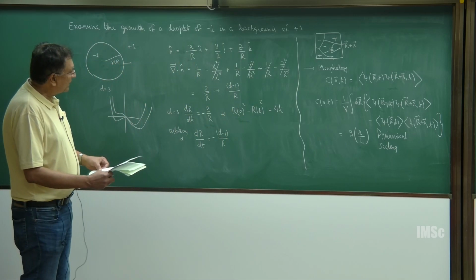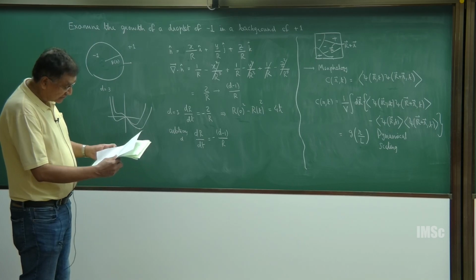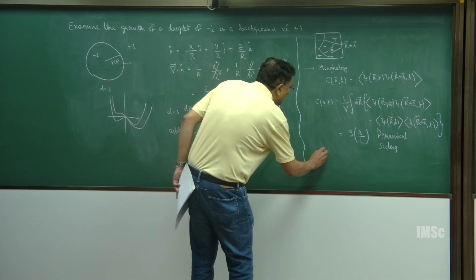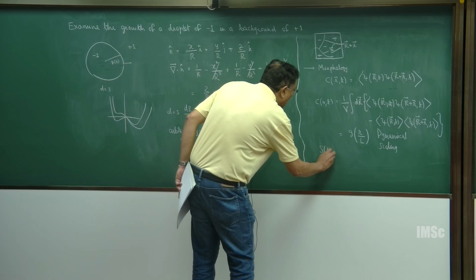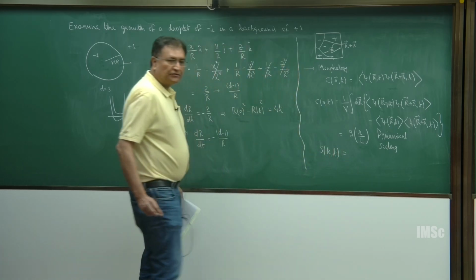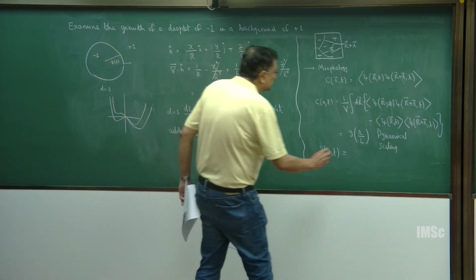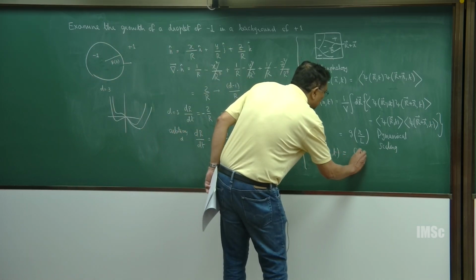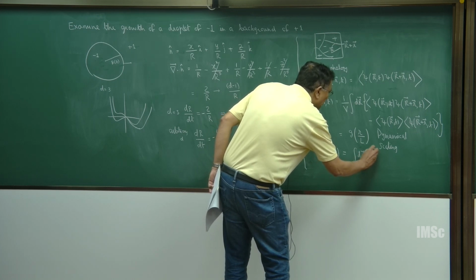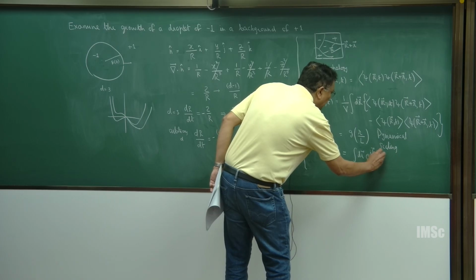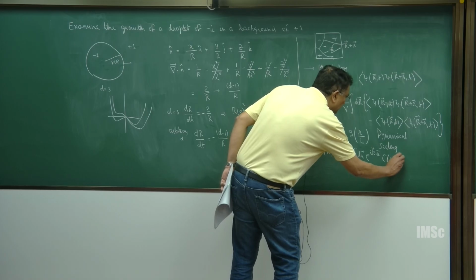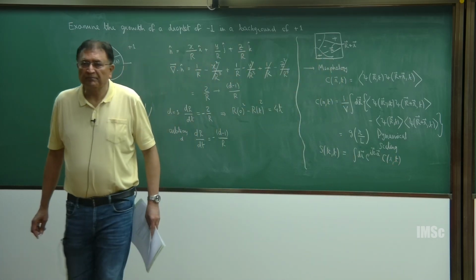Okay, so numerical and theoretical guys usually look at this correlation function. Experimentalists usually look at the structure factor, which is the Fourier transform of the correlation function, which means the integral of dr e raised to power i k dot r C(r, t).